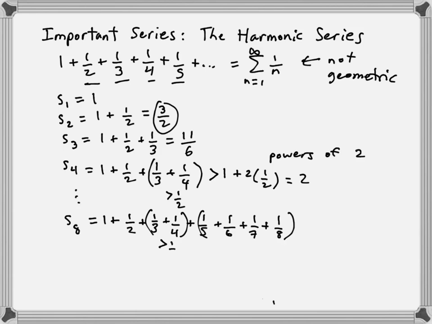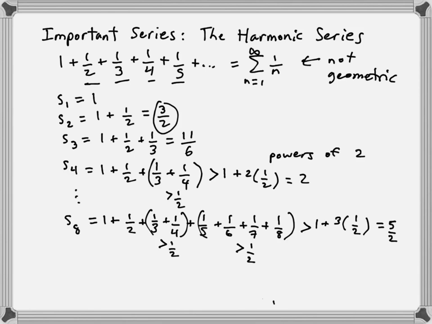This is bigger than a half by the same reasoning as above, and this is also bigger than a half because all of these are bigger than an eighth, right? Well, the first three are. The last one is an eighth, but the point is 4 times an eighth is a half. So this whole thing is bigger than 1 plus 3 times a half, which is 2.5, right? Let me write that as 5 over 2.